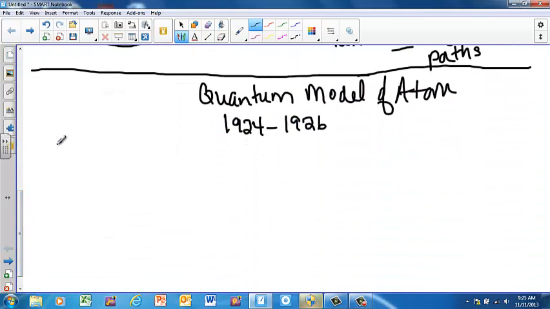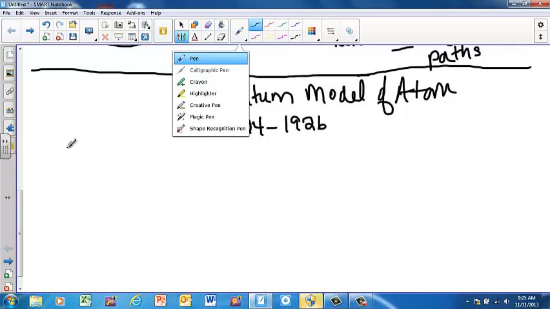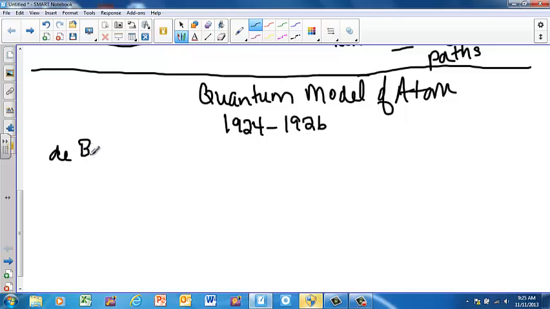But the three guys we associate with the quantum model are de Broglie, Schrödinger, S-C-H-R-O-D-I-N-G-E-R, and Heisenberg.